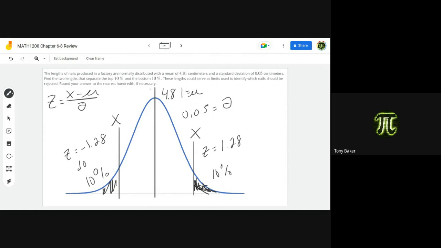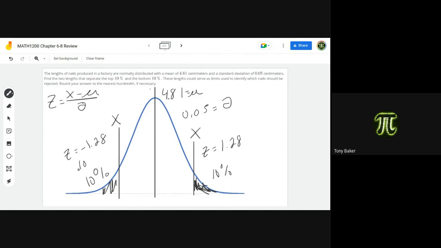The closest one I found is 1.28. So not 0.01, 0.10. Right there is the closest one. So there's the negative 1.28. You have to make sure you know where your decimal point is, because if you're looking for 0.01, that's a lot different than 0.10.